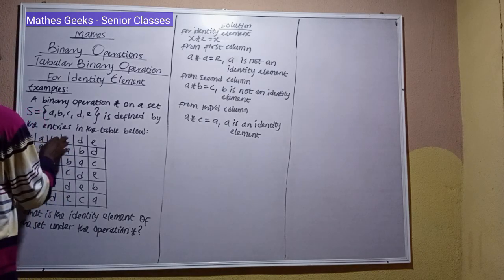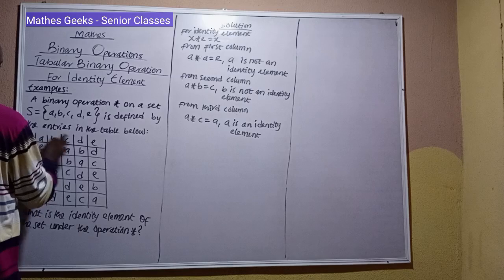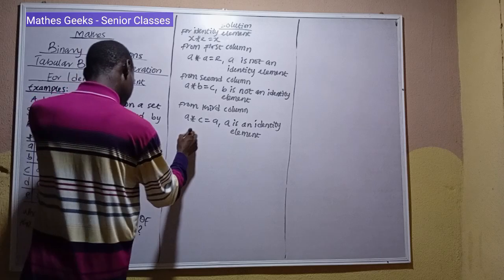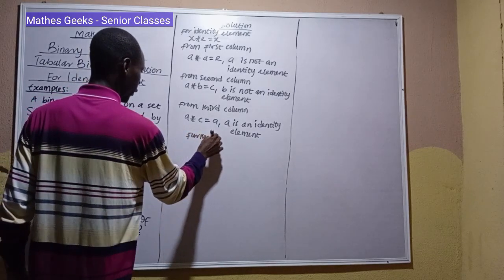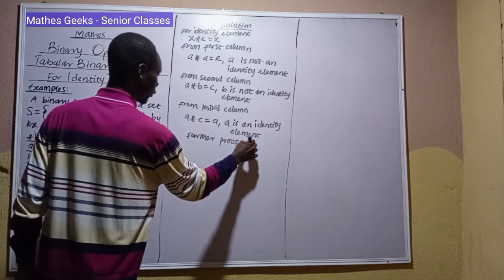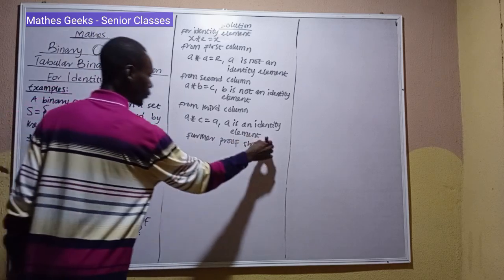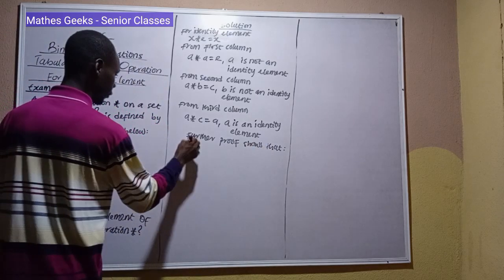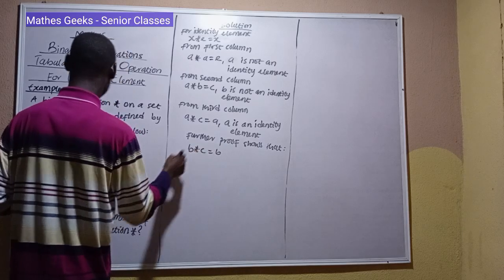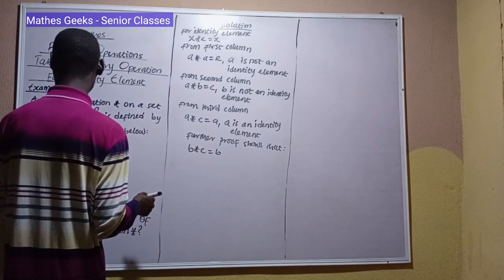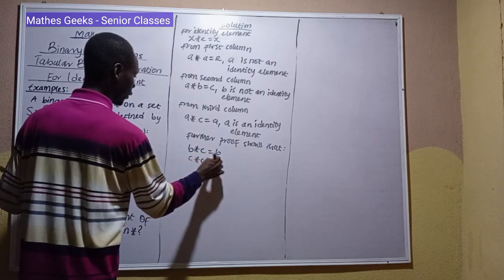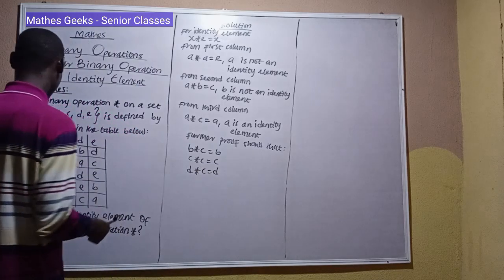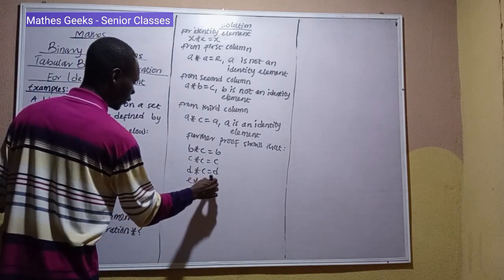You can see that a star c gives us a, b star c gives us b, c star c gives us c, d star c gives d, and e star c is equal to e.